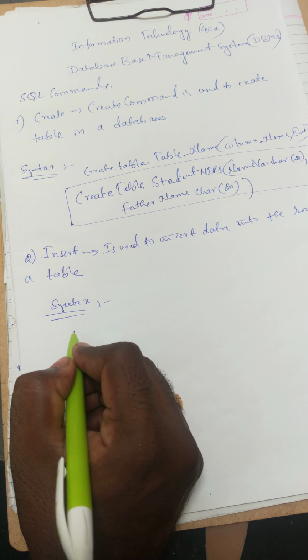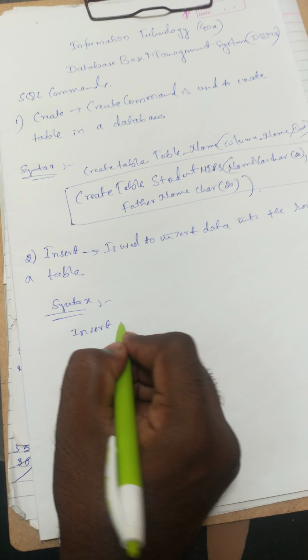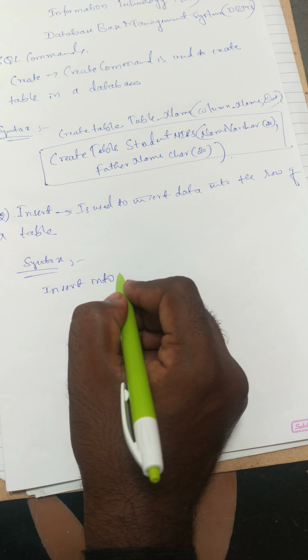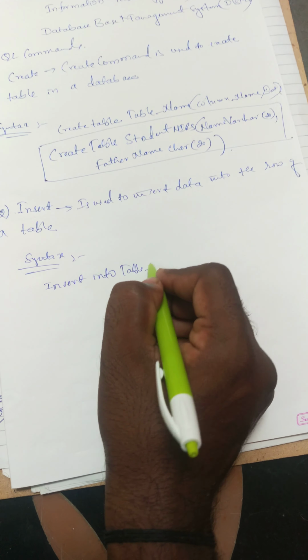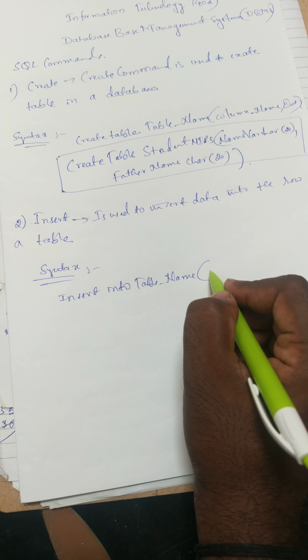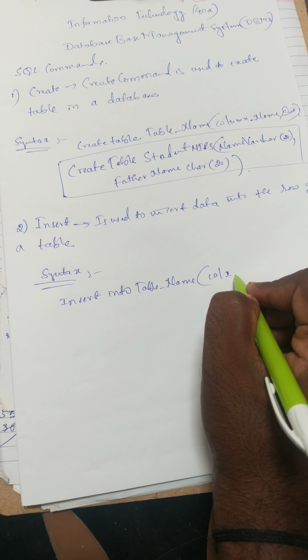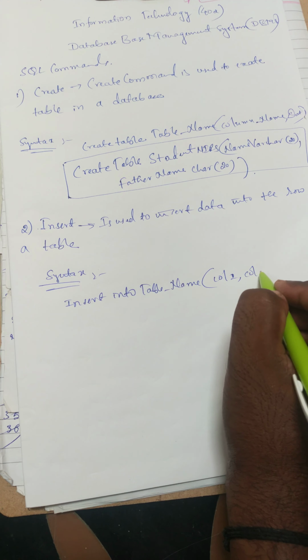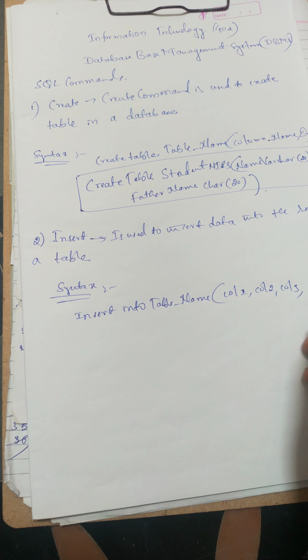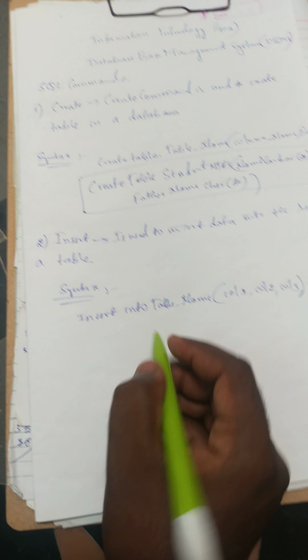The syntax for the insert command is, you can take it here: insert into, next, here you have to provide the table name of the table, and next you have column 1, column 2, column 3, and then bracket, values.